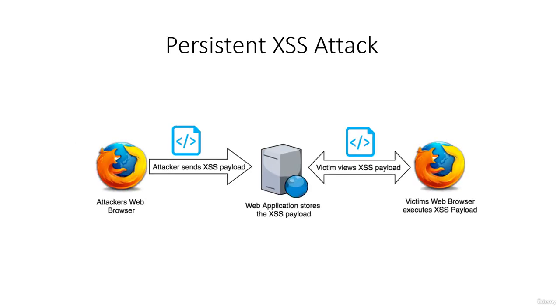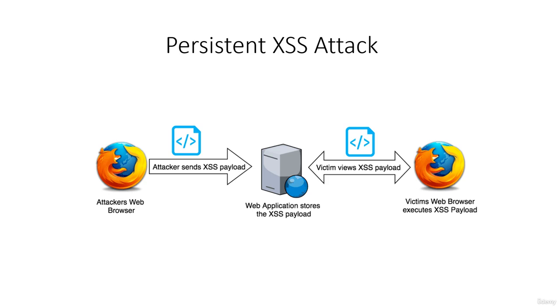Persistent XSS attacks generally target websites like online communities and internet forums, also known as message boards, bulletins, or discussion boards, guest books, social network platforms, or comment sections that accept user generated content.